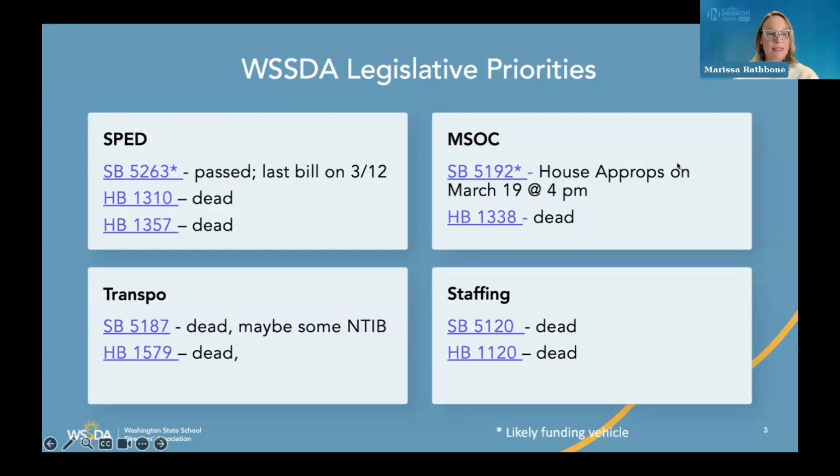We will likely see, like with this transportation budget, 5187 did not progress to the Senate floor. However, we have heard that the Senate is committed to having some element of funding for special passengers in their proposed budget, which we will see in the next week or two.